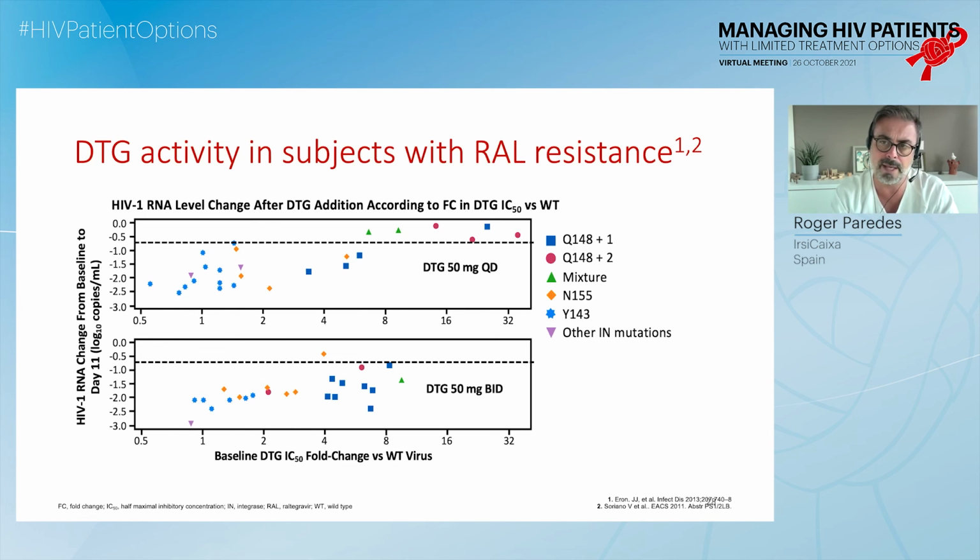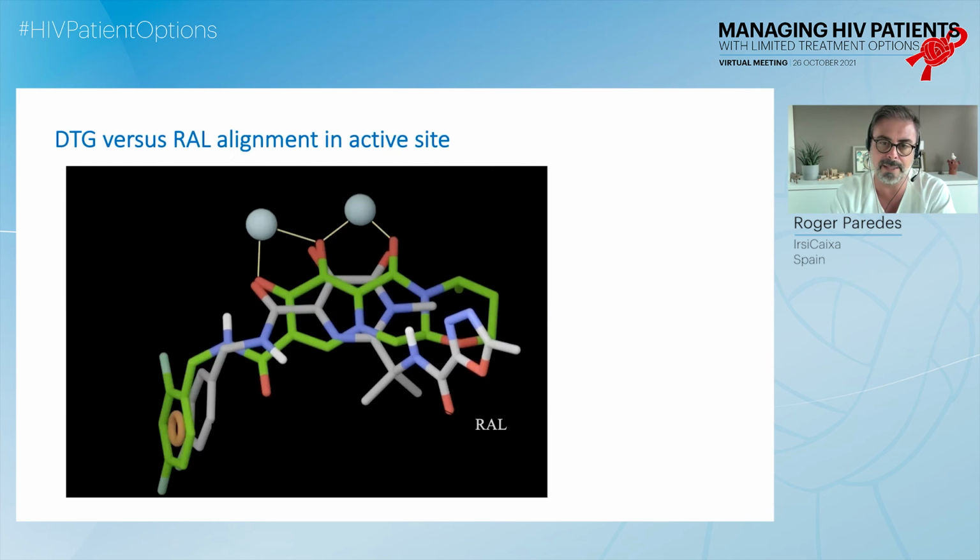Dolutegravir retains effectiveness even in the presence of a certain amount of raltegravir resistance, as seen in the VIKING trials. And this is because dolutegravir, but also bictegravir, are molecules that have some similarities with raltegravir. They bind to the same site, and the interaction with the active site is very similar, but the molecule is different.